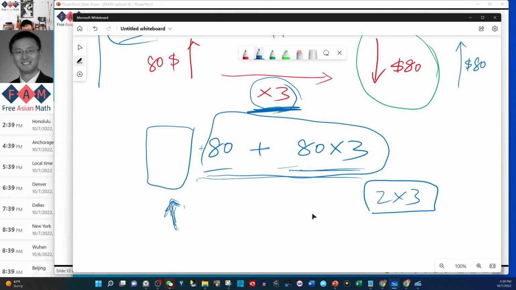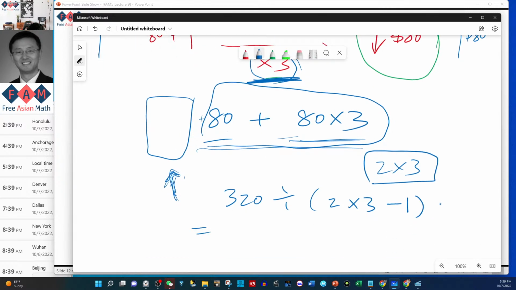This is the 5 times multiple of Aaron's lowest point money. So this is 320 divided by 6 minus 1. And to be more exact, 6 comes from 2 times 3, minus 1 is 5. So Aaron's money is 320 divided by 5, that's 64.